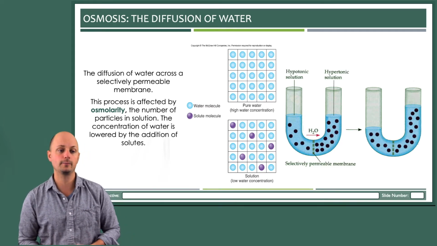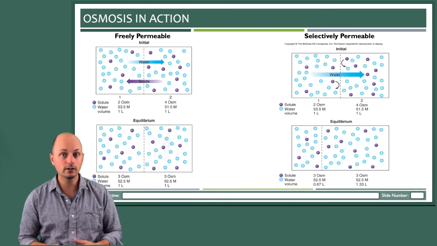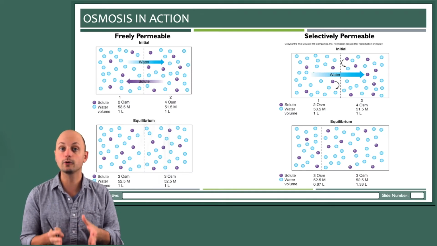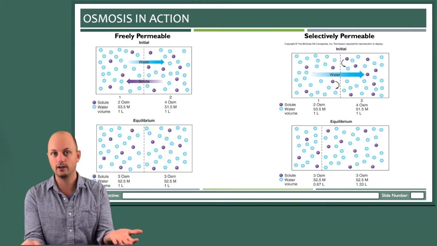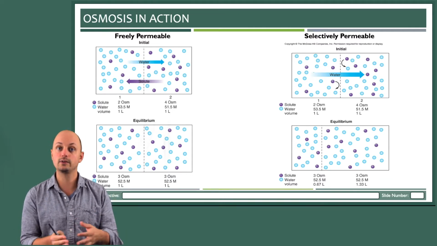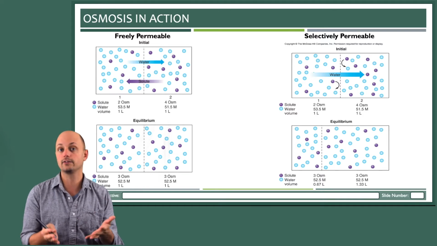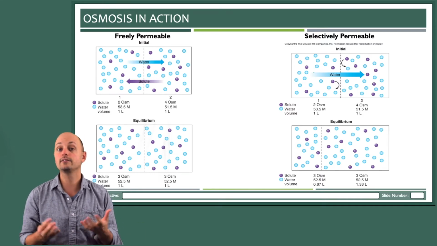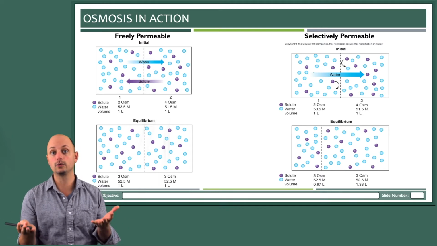Here's a couple more examples. On the left side here, you're looking at two compartments that are separated by a membrane that's freely permeable to both water and to solutes. So in the top image, we start off with different concentrations of solute. There's 2 in the left side and 4 in the right side. And we have different concentrations of water molecules too.